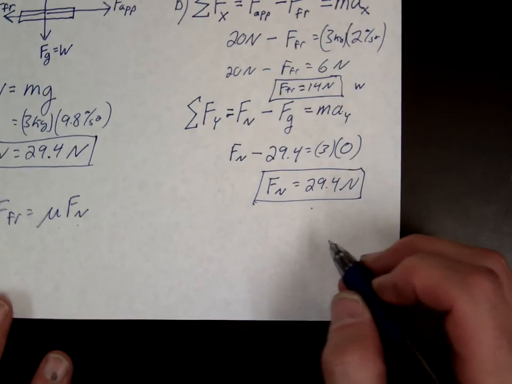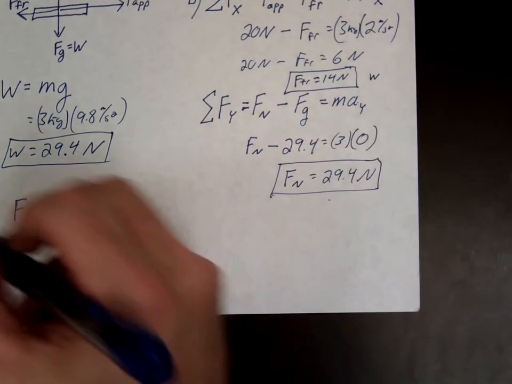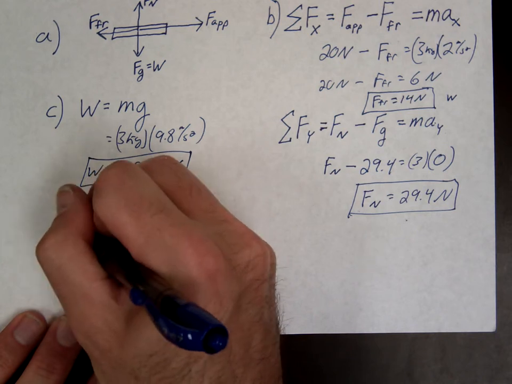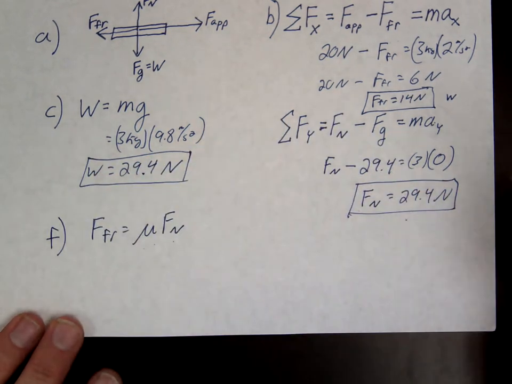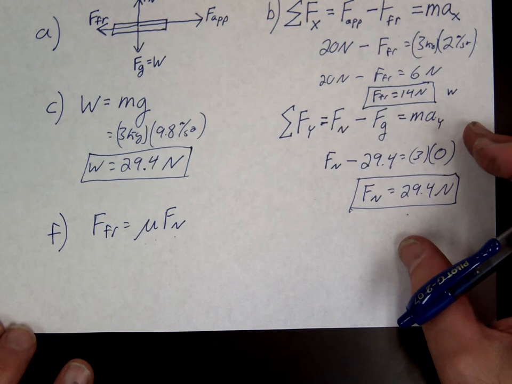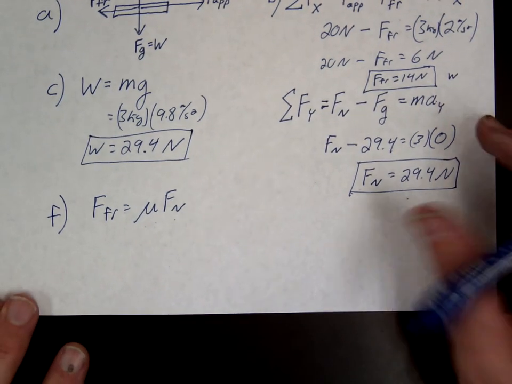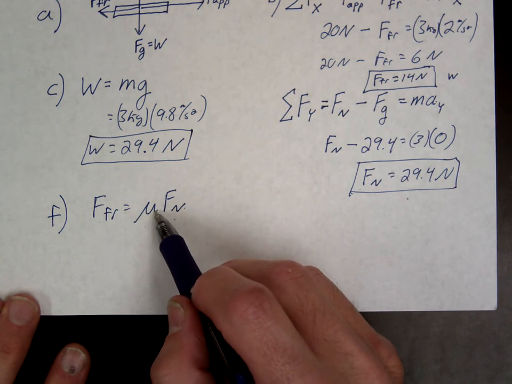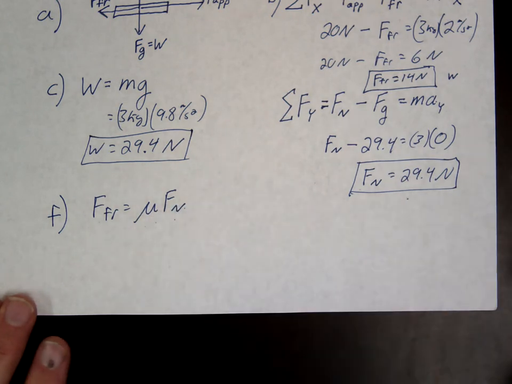Okay, we're almost done. How do we find the coefficient? Well, once you know friction and you know the normal force, then we can find the coefficient using the definition of friction. So that's what we'll do.